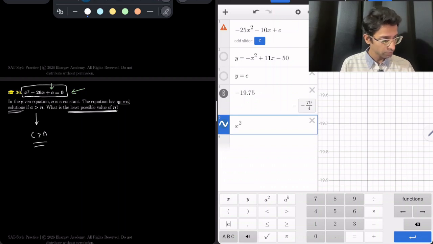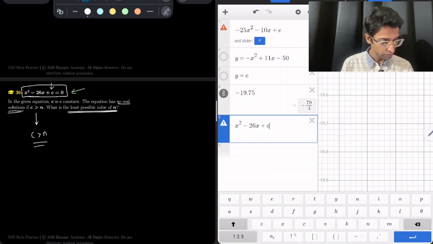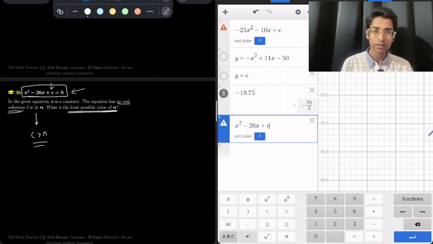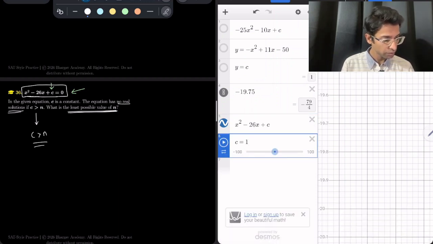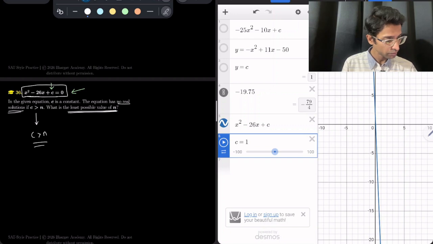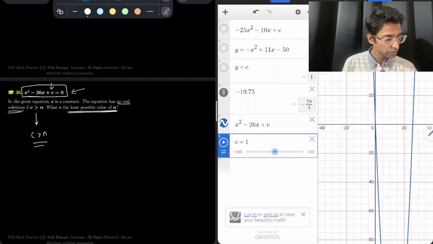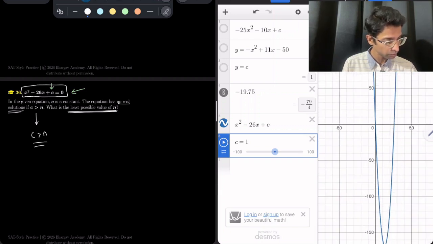X square minus 26x plus c. Let's type till there. And then let's add slider to c once again. Make this from minus 100 to 100. And let's zoom out and see where we are getting that parabola.